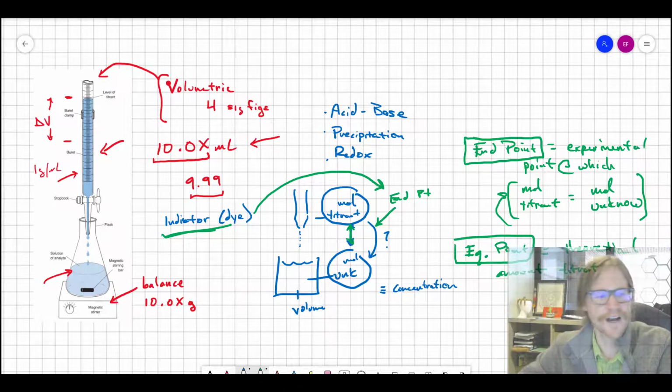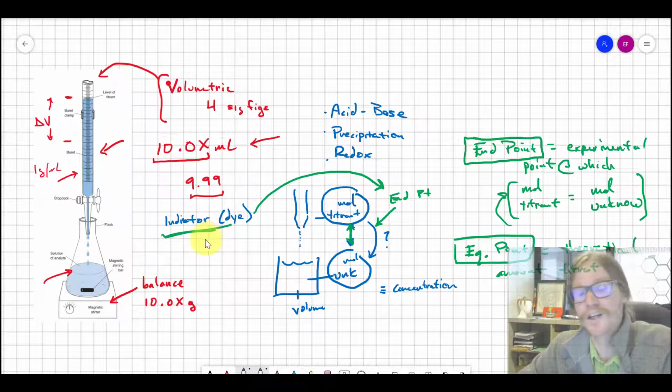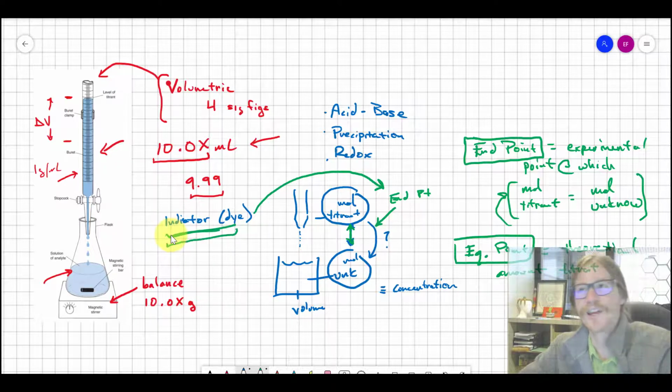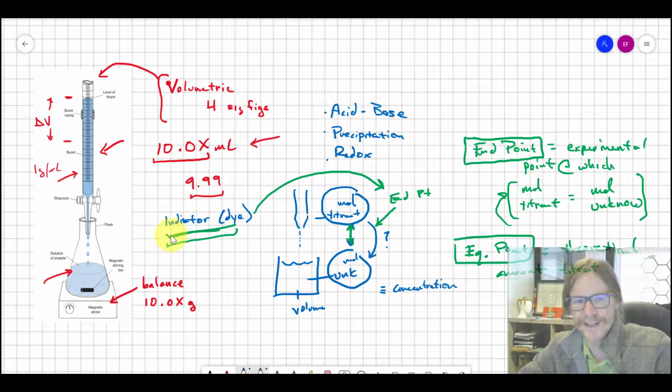One thing to clarify too here is that the whole mechanism by which indicator dyes function, say for an acid-base titration, they require an excess of either acid or base for the color change to occur. If you're exactly at the equivalence point, there will be no change. There will be no indication.